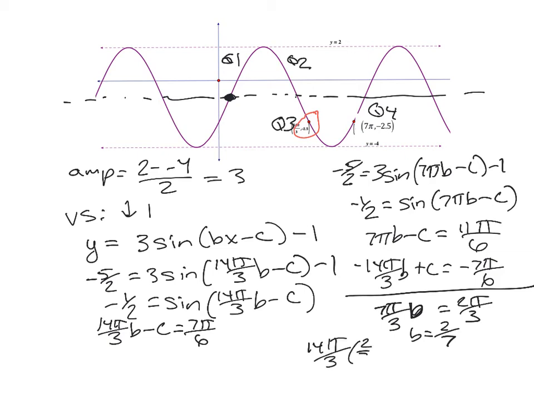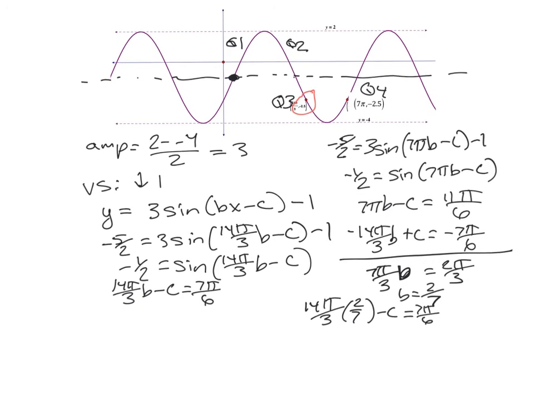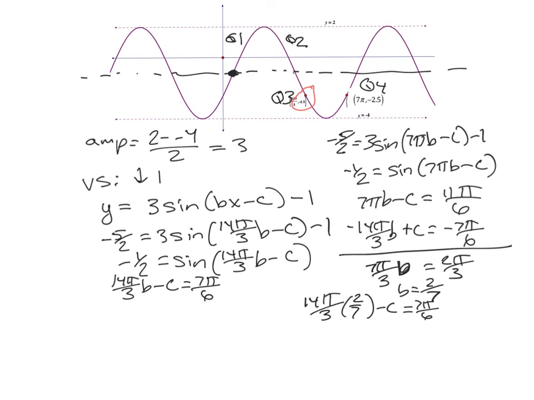So 2/7 pi times 7 pi over 3 minus c equals 7 pi over 6. Let me move down a little bit. So I get then 4 pi over 3 minus 7 pi over 6 equals c. So c ends up being pi over 6 when I make a common denominator.